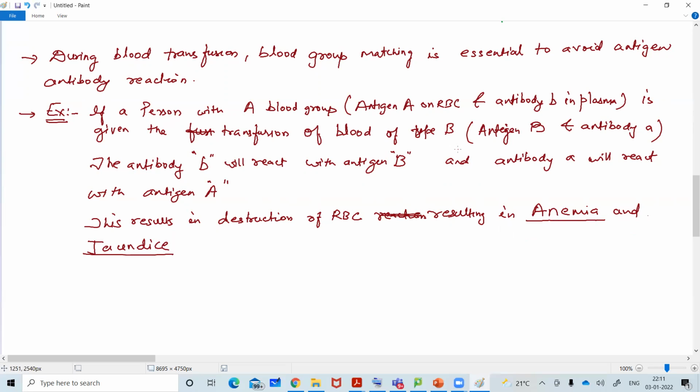Such reactions, like antigen-antibody compatibility reactions between different blood groups, are known as ABO incompatibility.